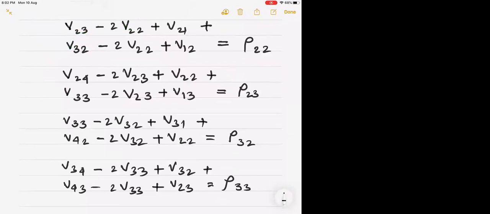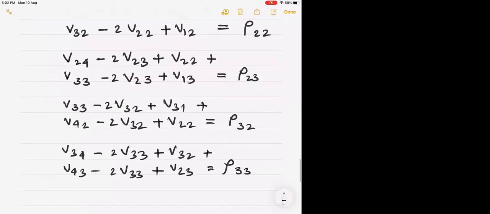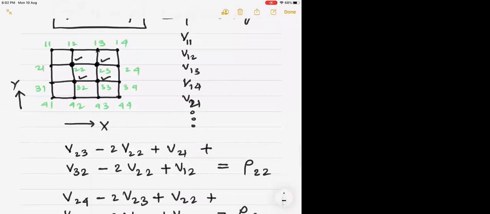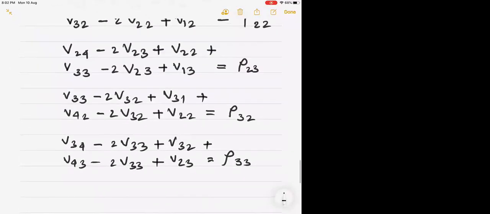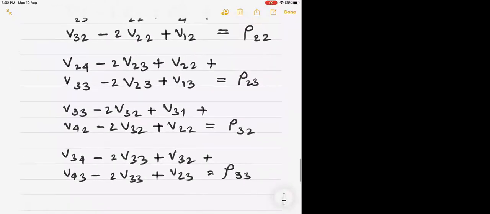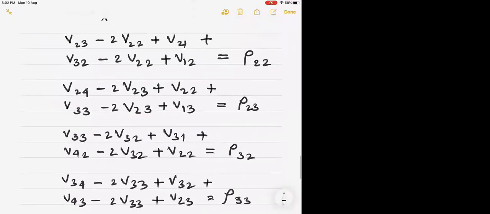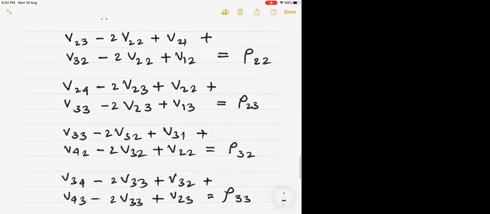I'm going to have the values of the potential at all these points. Yeah, right? So if I now want to write this down as a matrix vector equation, what I'm going to get is the following.